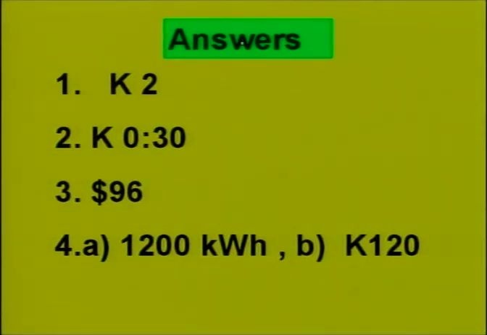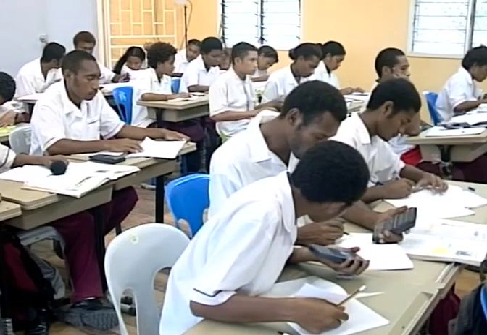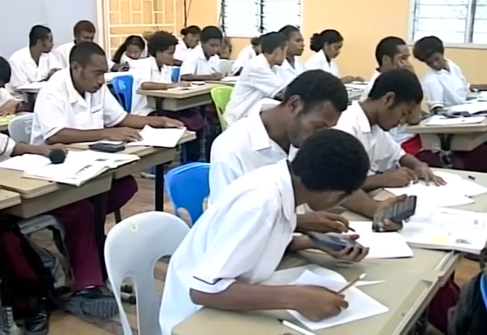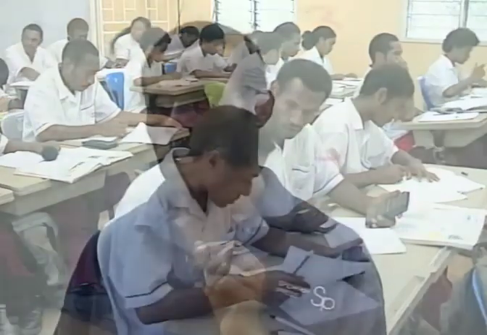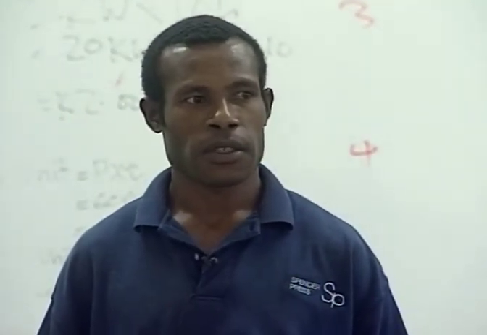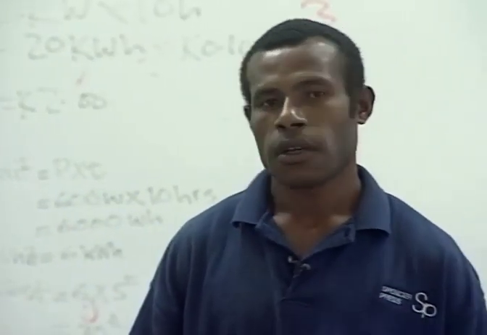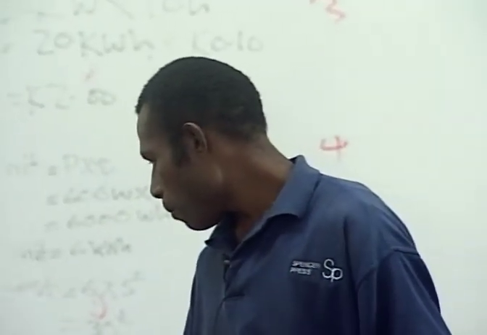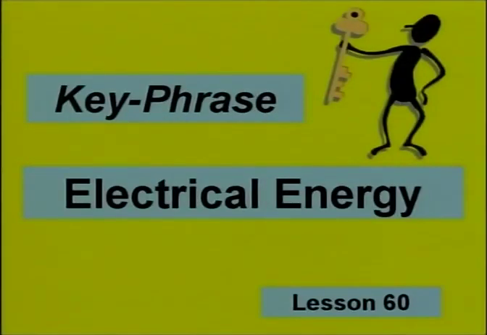When you are using power in the house, there must be a cost involved, and there are sometimes meters placed in the house, like the ECP system, which is a much more improved system nowadays, in which the amount of electricity has to be taken and measured, and using that you can calculate the cost for one unit. All right, so that brings us to the end of the lesson, and our key phrase for today will be electrical energy.